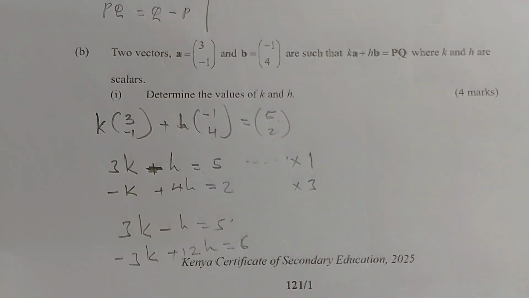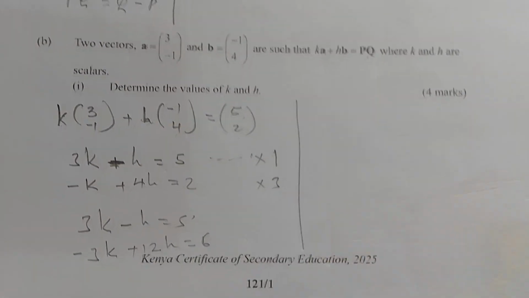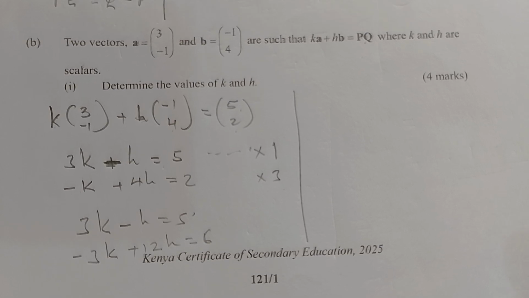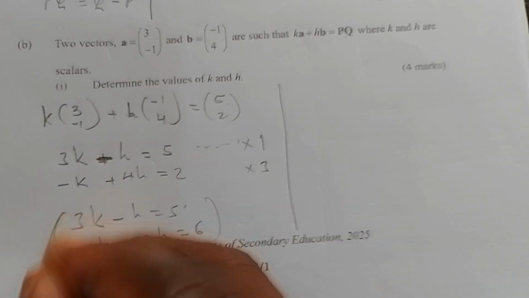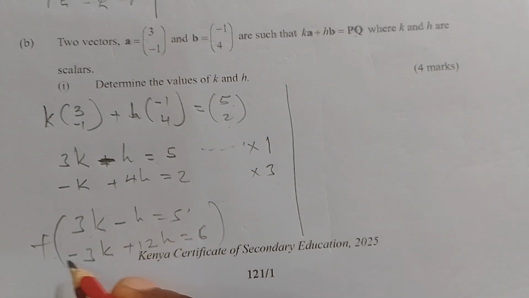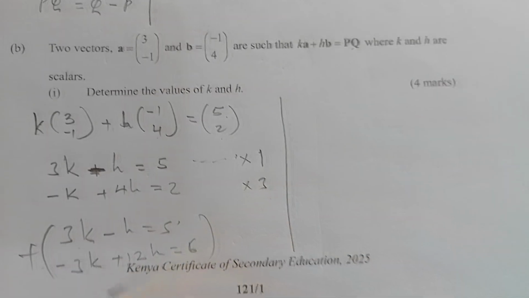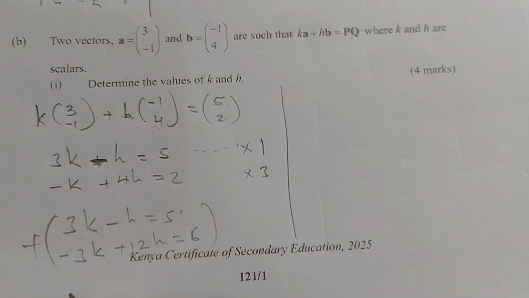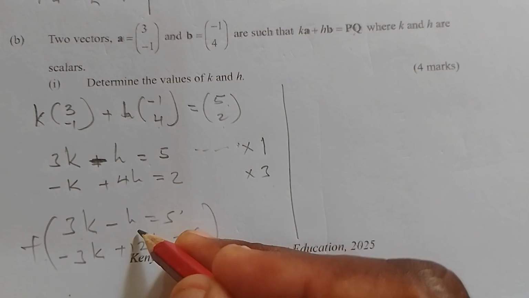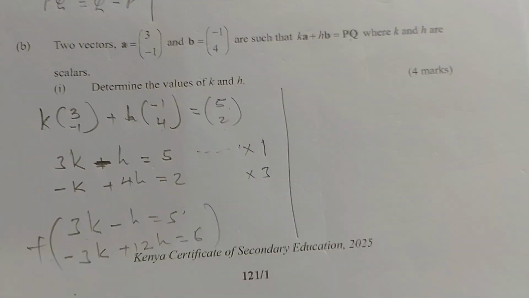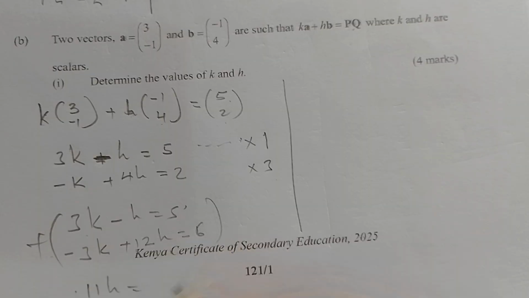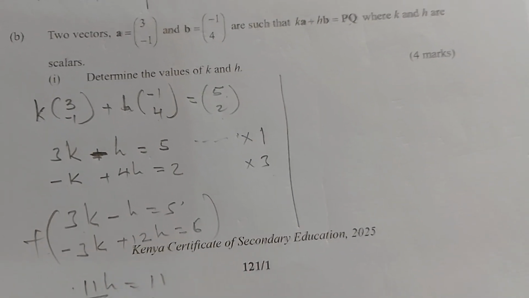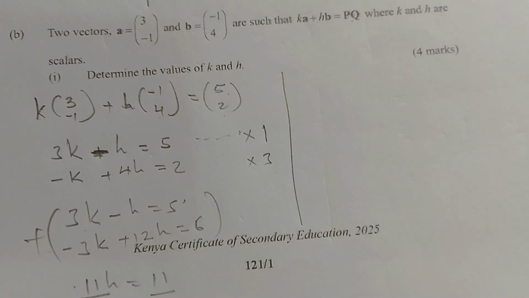So I just use addition. 3K plus minus 3K will give me 0. Then minus H plus 12H is 11H, equals 5 plus 6 is 11. So over 11 over 11, the value of H is equal to 1.